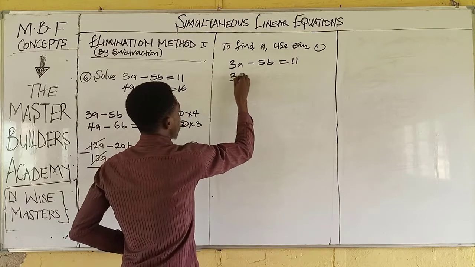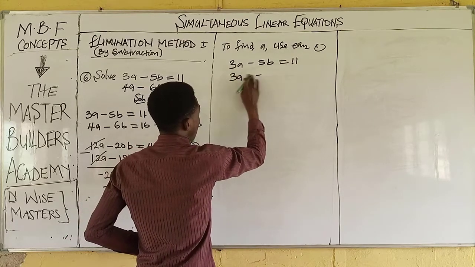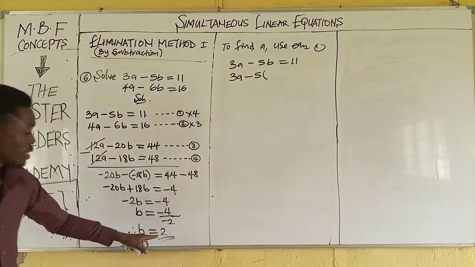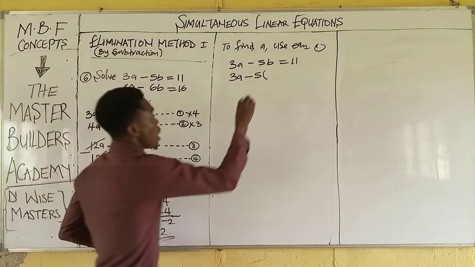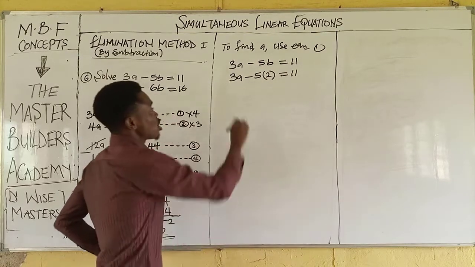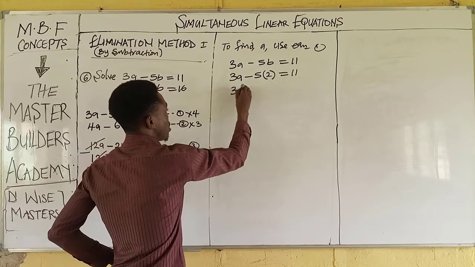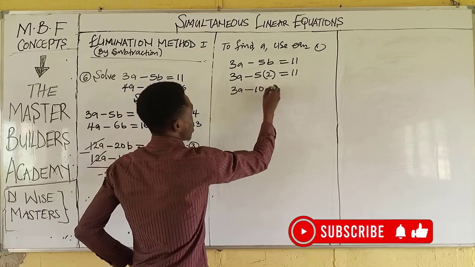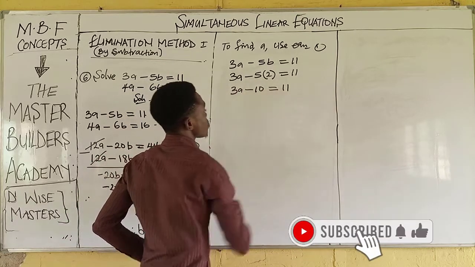And now this will give us 3a minus 5 multiplied by, what's the value of b we obtained? The value of b is positive 2. So put that 2, is equal to 11. Now we need to multiply out this, and we have this as 3a. Now, minus 5 times 2, we have -10 is equal to 11.